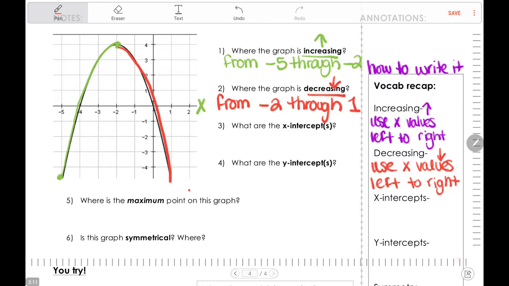Okay. You can also say when x equals -2 through x equals 1. Right, that's another way you can write it.